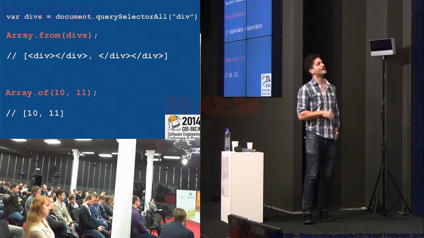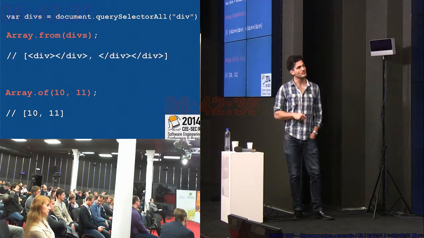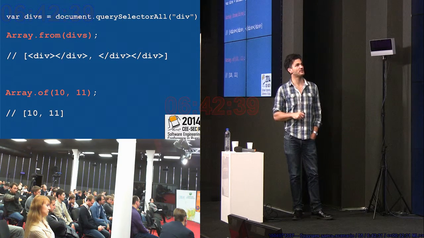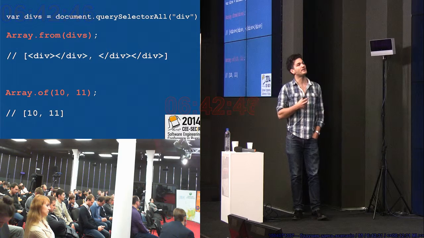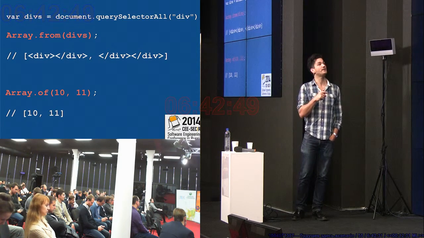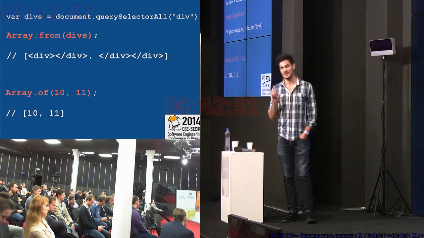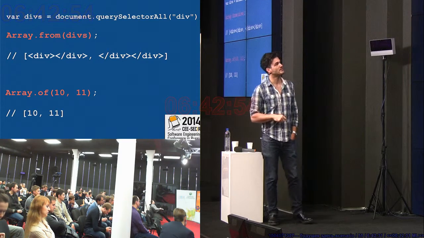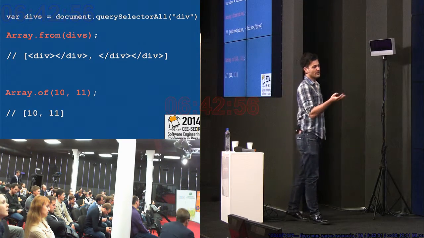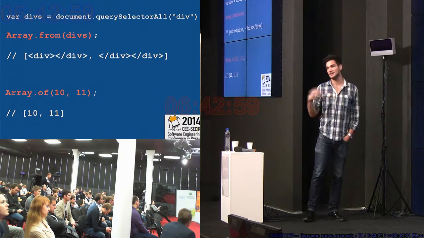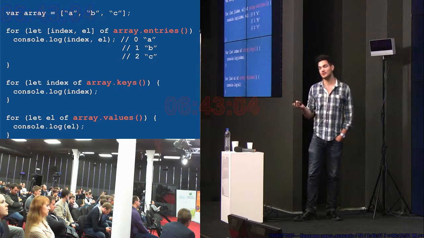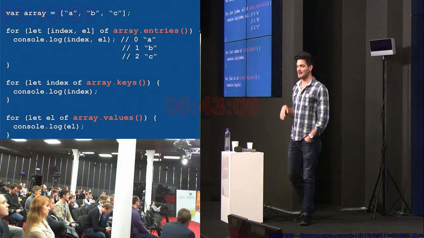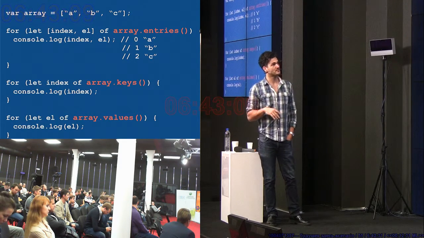If you've got an array-like object, let's say a list of DOM nodes that you get from querySelectorAll, you can convert this really easily into an array using the static method from, which is nice. And you can use of to convert a list of arguments into an array.